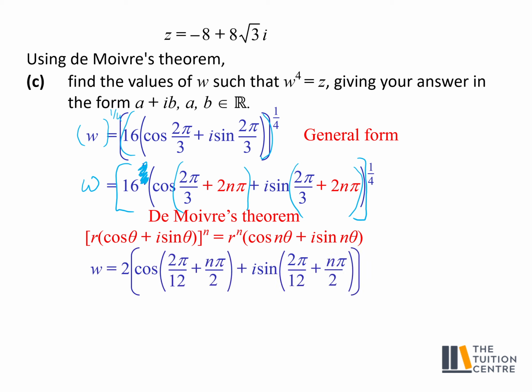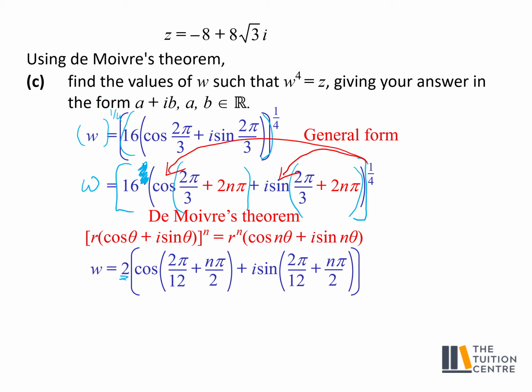The modulus, which was the 16, gets raised to the power. 16 to the power of a quarter is the 2. What's happening here with the other part is I'm multiplying the argument. So the modulus got raised to the power and the argument is getting multiplied by the power.